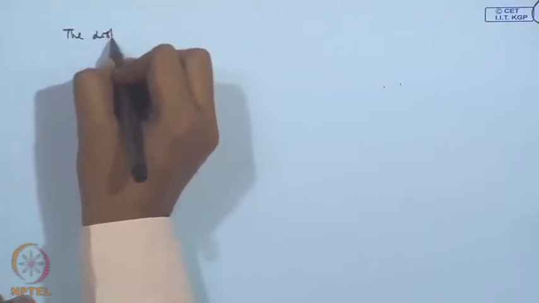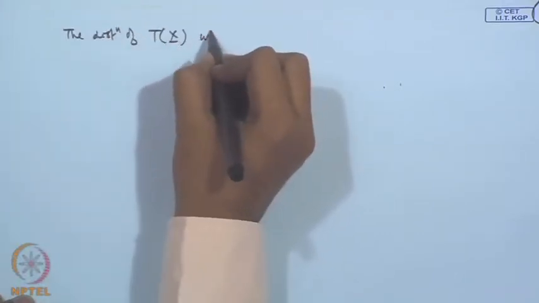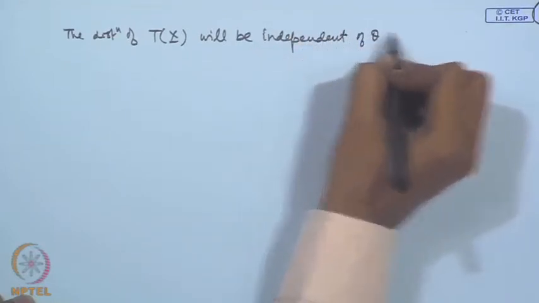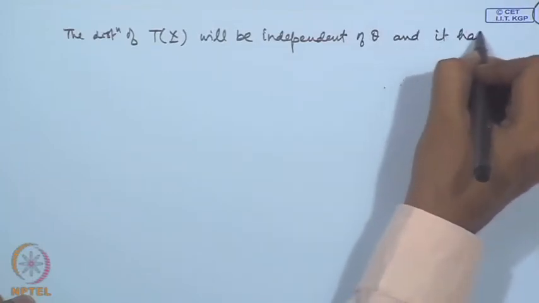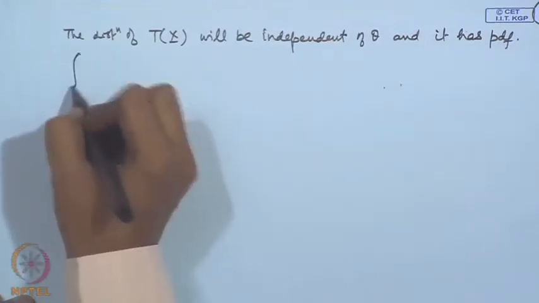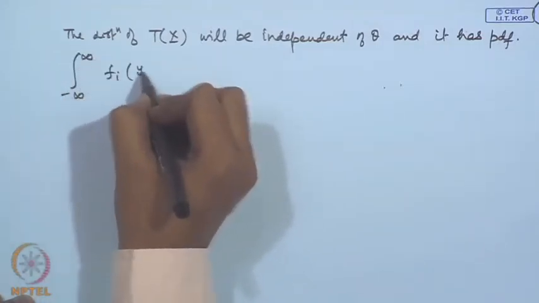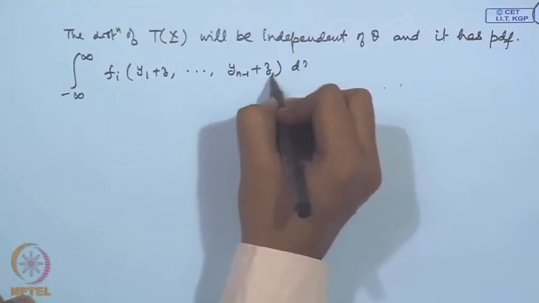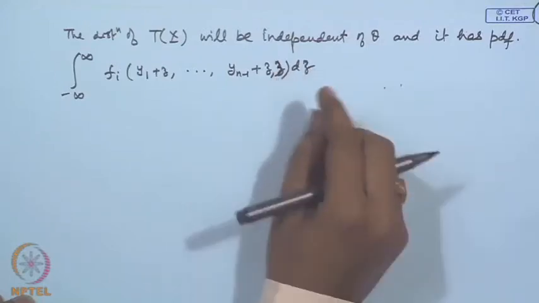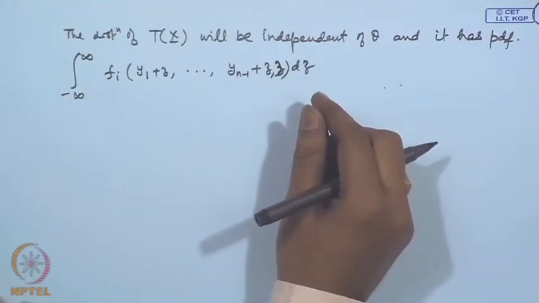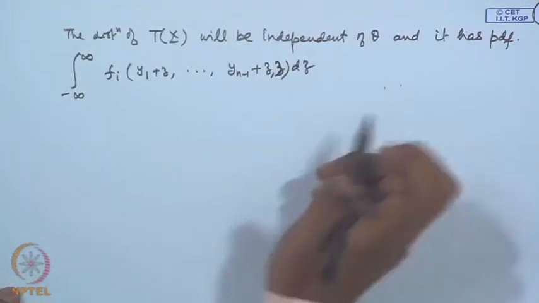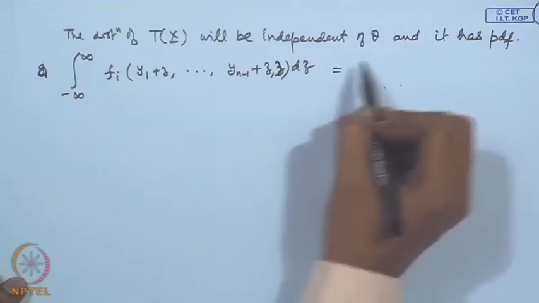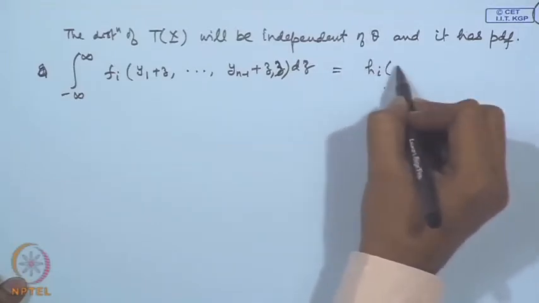The distribution of T will be independent of theta, and it has density, integral from minus infinity to infinity, f1(y1 plus z, ..., yn minus 1 plus z) dz. Now, let me give some other notation, say h1 of y.